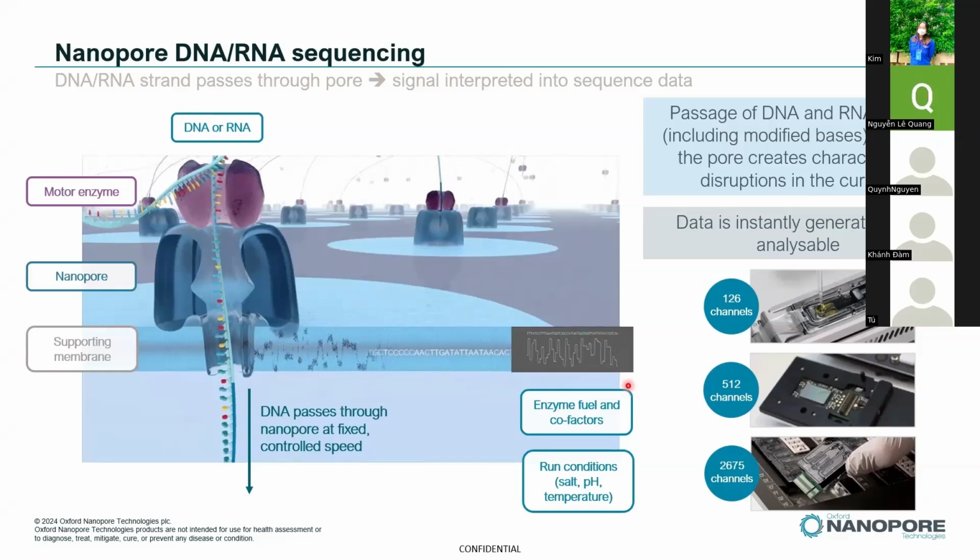So this way of sequencing is what makes nanopore sequencing very unique because it allows a direct real-time analysis of DNA or RNA, including the modification information, because when the base includes modification information, the patterns will be different, and that is how our base calling algorithms are able to differentiate these signals.